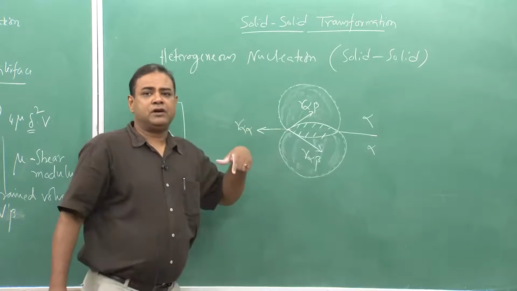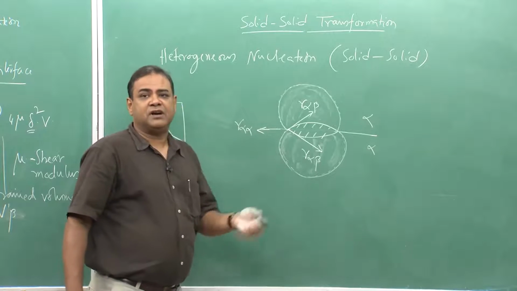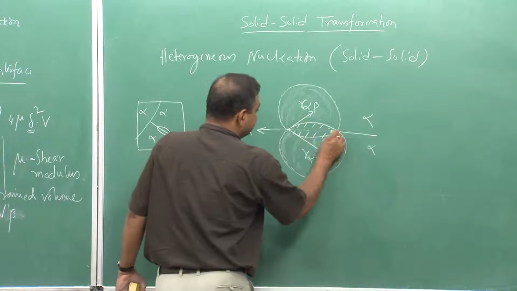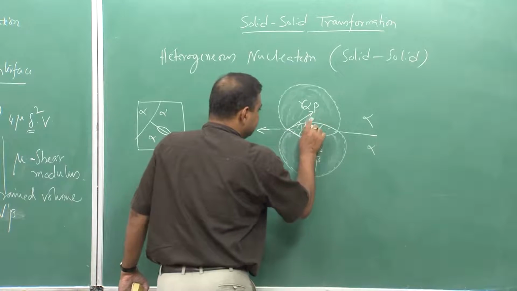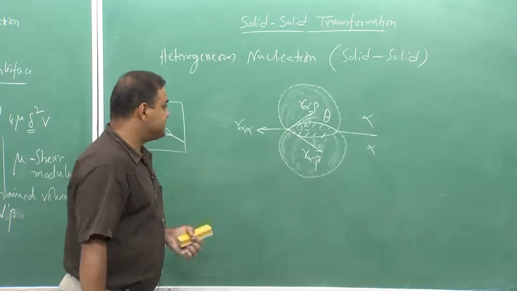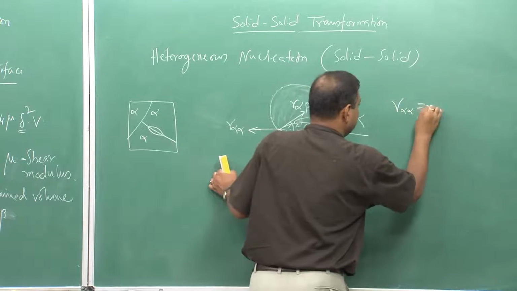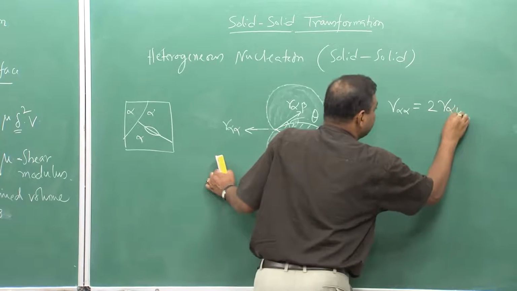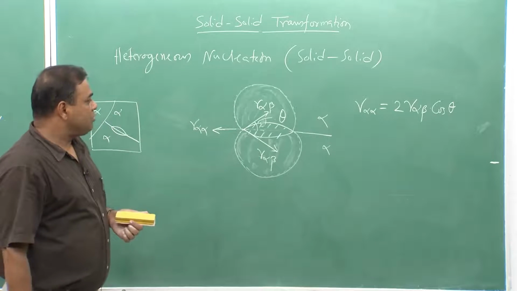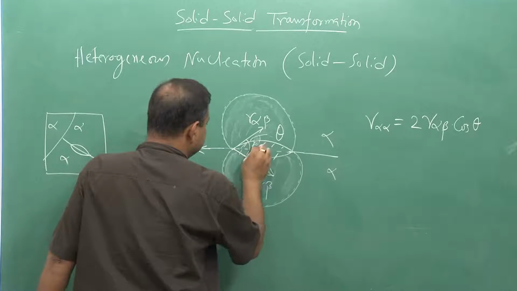I can also convert it in terms of surface tension, because surface energy can also be a surface tension. This is the parting line, this is theta, which is the contact angle. So, the energy equilibrium situation is gamma alpha alpha equal to 2 gamma alpha beta cos theta.